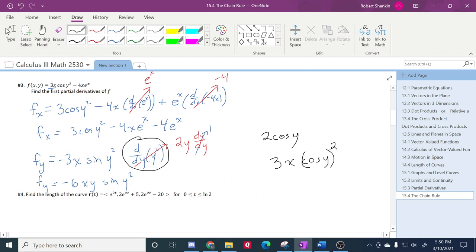But that's not what it is. Oh, okay, I see. 3x cosine y squared. Okay, I got it. They write the squared here. Yeah, that's correct. Okay? Thanks for asking. Make sure you got that clear. Yeah, thank you.